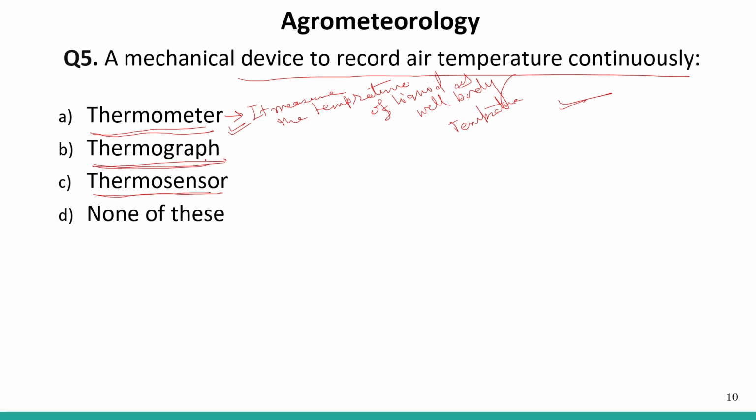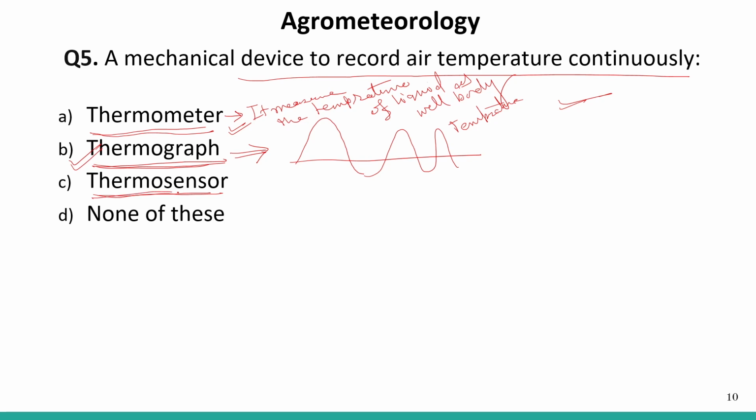Thermograph is a graphical representation of air temperature. The temperature of the air is plotted in the form of a graph, which is known as a thermograph.